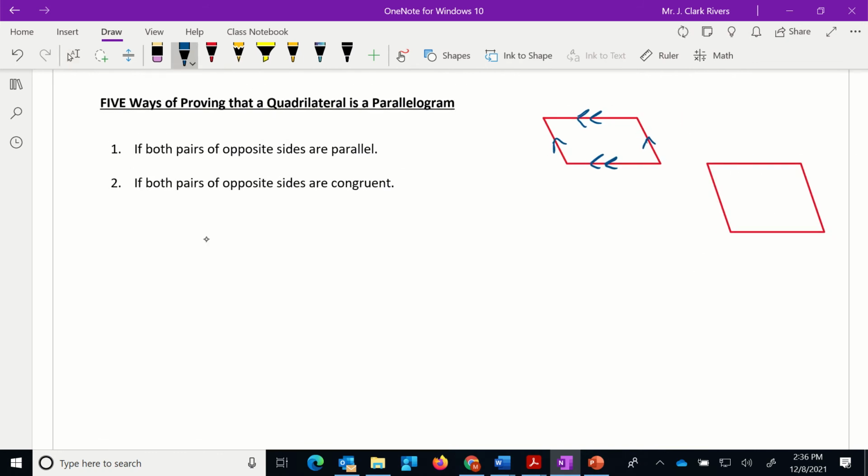So if the top side and the bottom side are congruent, and the right side and the left side are congruent, you know for sure this definitely has to be a parallelogram. Every other property of a parallelogram is now in play. Top side and bottom side are parallel, left and right side are parallel, opposite angles are congruent, the diagonals bisect each other, etc.